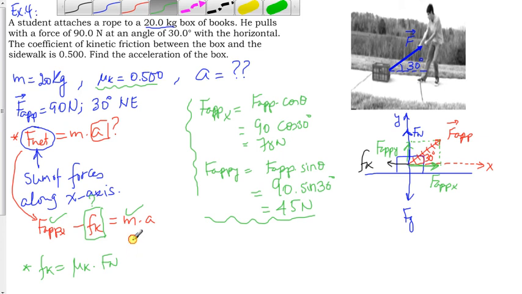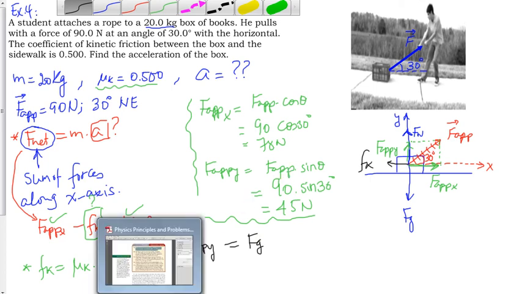This means that I have to say Fn plus F applied y is equal to Fg. Sum of forces upward equals sum of forces downward. Fg is known, I can find it. F applied y is there.